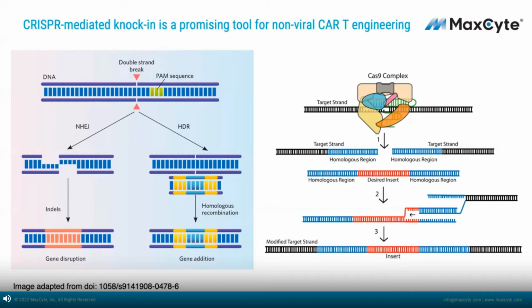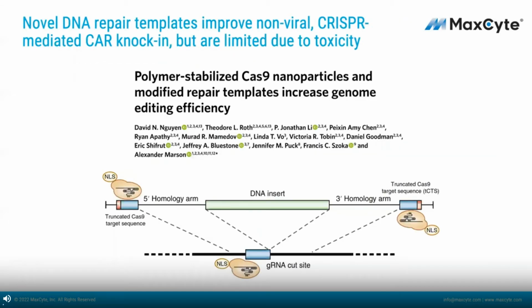And so what we'll be focusing on today is methods as to which you can make this HDR process more efficient. Because in general, HDR, even when you stack the deck and use very good templates and very good CRISPR machinery, you will typically only have 8 to 10% of cells in your population integrating your target in their genome, especially when it's a longer stretch of DNA, like a CAR construct.